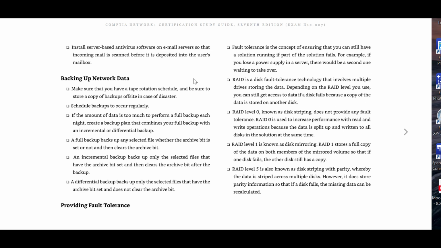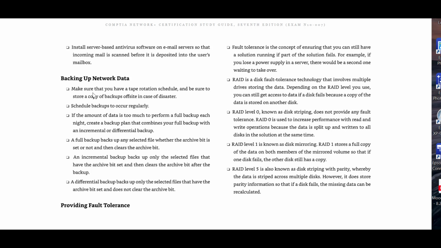Okay, so, backing up network data. For the most part, most companies have probably switched over to the cloud at this point. So in the jobs you get, you can probably count on using the cloud quite a bit.